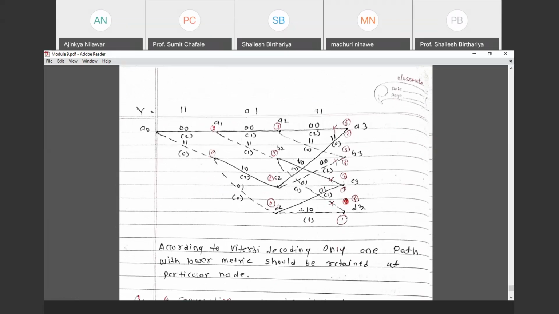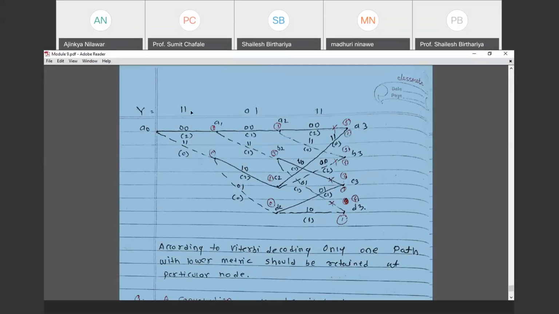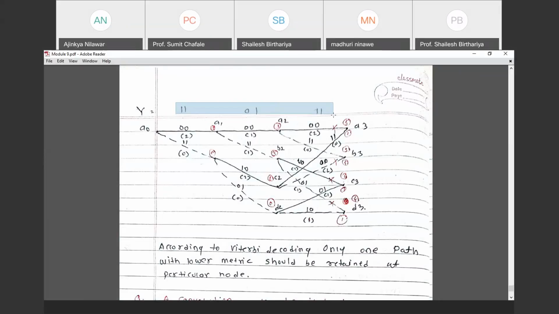Now, what is our concern? Why do we study this? How are the errors eliminated? Let us consider this is the data we received at the receiver, right? So suppose this data, and I will say that whenever 1 is there, there is an error, and I require only all zeros.